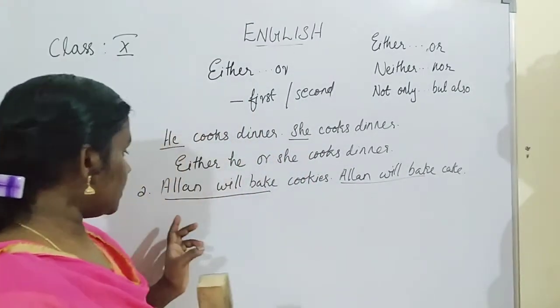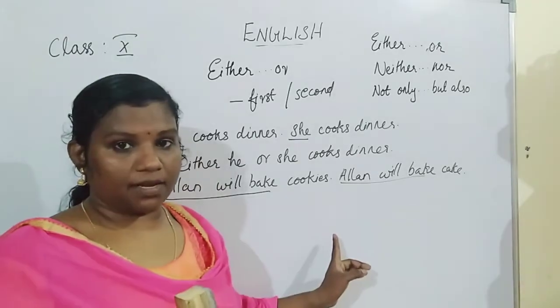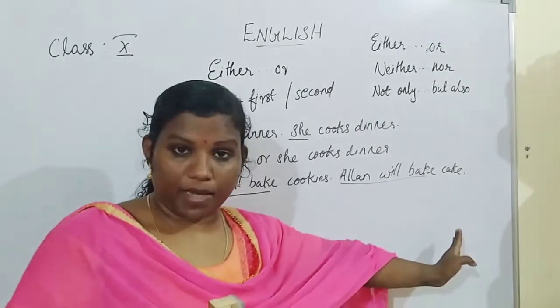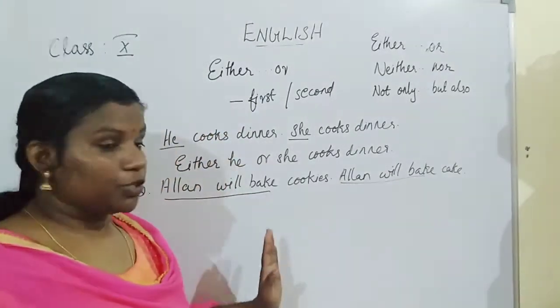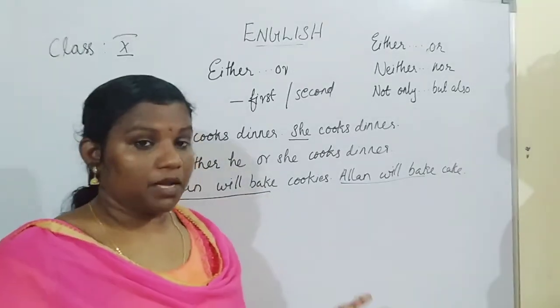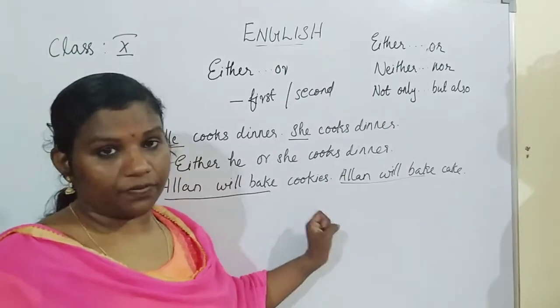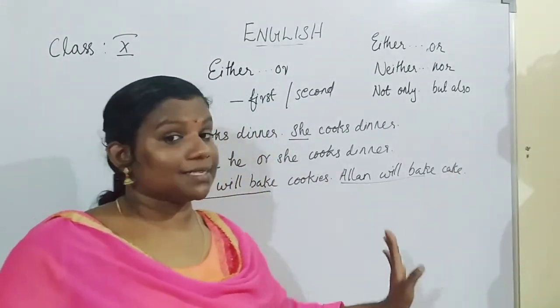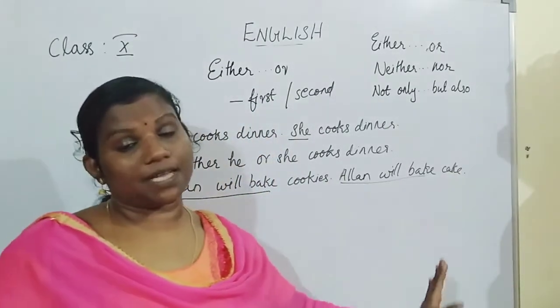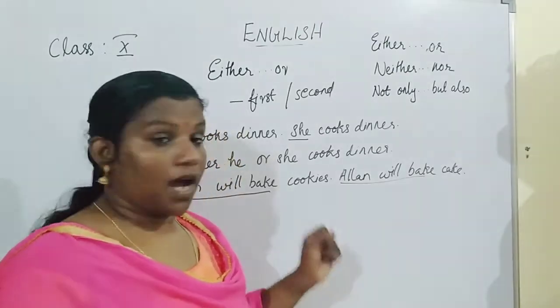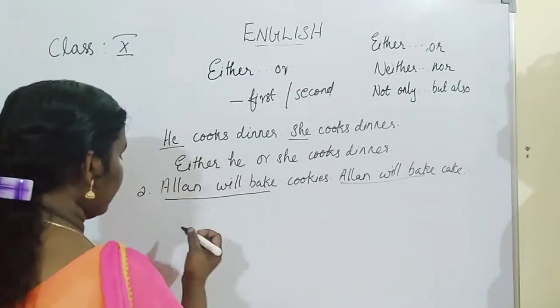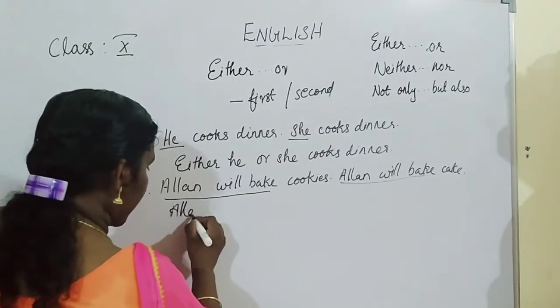Here in the sentence, Alan will bake, here also Alan will bake. So these two ideas are the same, so only one time we can write. But cookies and cake, these two words or objects are different. That's why we will start the sentence like this.